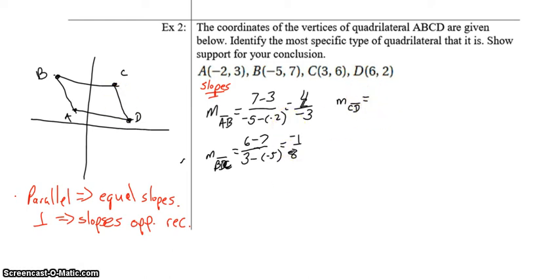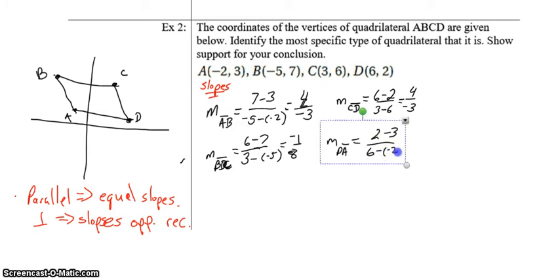So that would be 6 minus 2 over 3 minus 6, 4 over negative 3, and then close up with segment DA. What's the slope of DA? So that's 2 minus 3 over 6 minus a negative 2, negative 1/8.